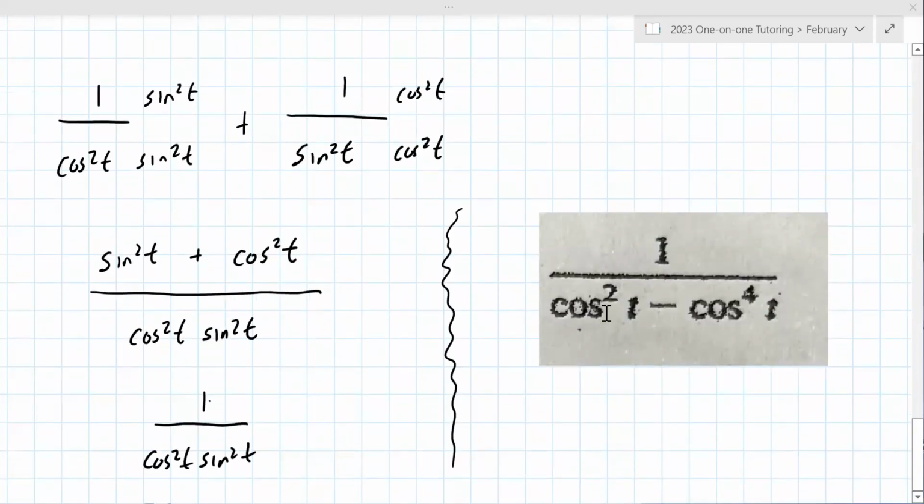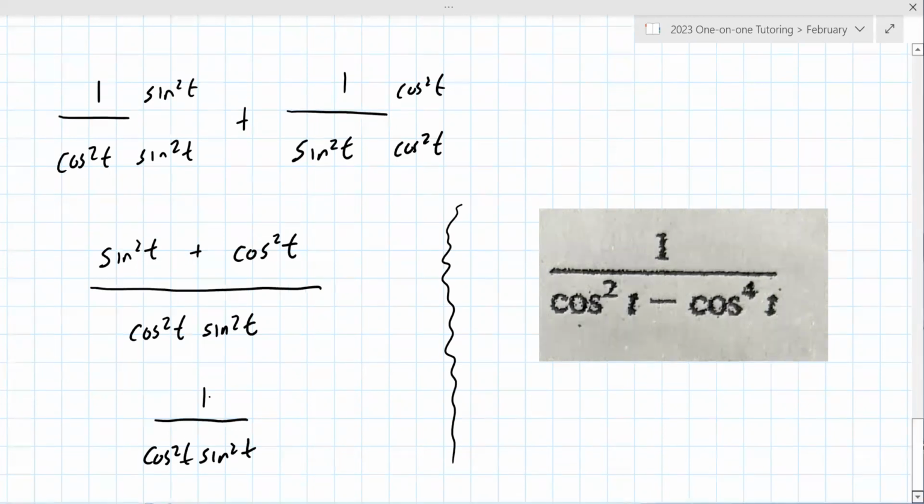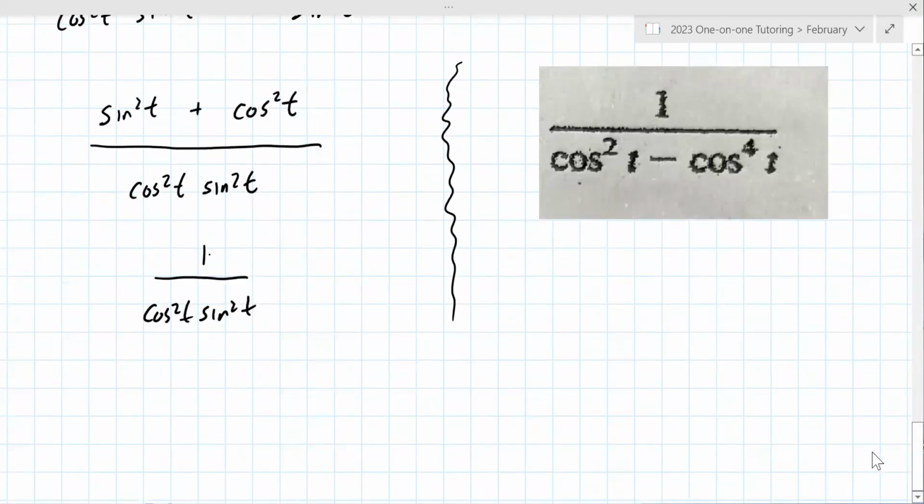The intent here is that you notice there's a squared and a 4th, and something factors out of both of them. Cosine squared can be factored out of both of them.